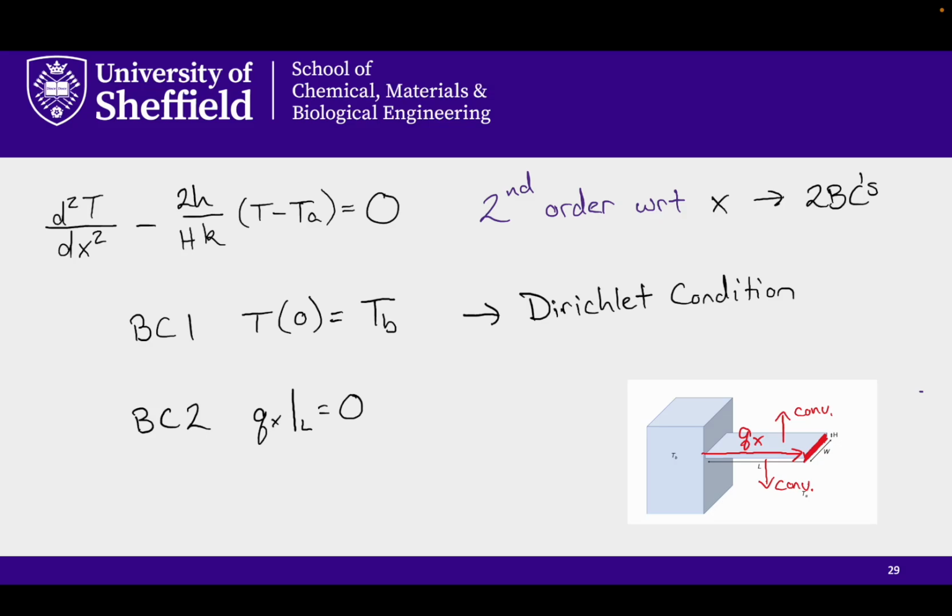We can then plug in Fourier's law and say, well, negative k dT/dx at x equal to L is going to be 0. And we can further simplify it by dividing by negative k. So we just get a flux boundary condition, dT/dx at L equals 0. And that's a Neumann boundary condition. That's the second boundary condition we're going to need to solve this problem.